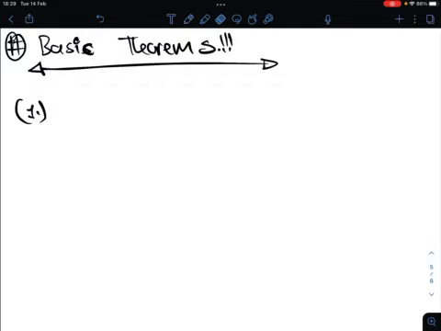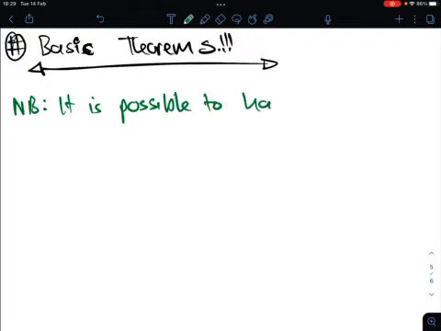But before I state these theorems, there is something that I must mention. It is possible to have a set that has no elements in it.